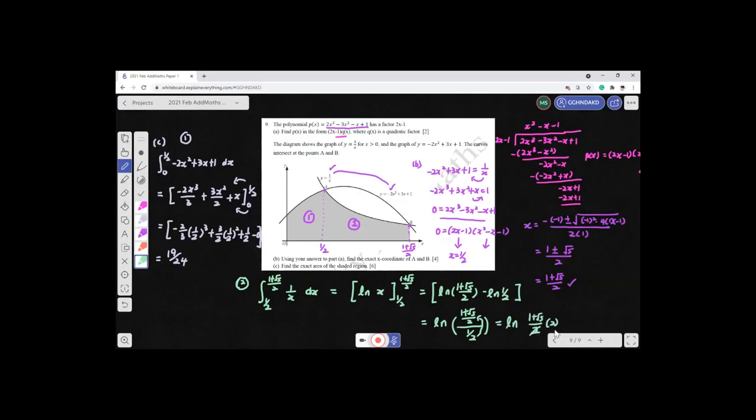So you cut the 2 and 2 off. So you will get ln of 1 plus square root 5. So overall, the exact area will be 19 over 24 plus ln of 1 plus square root 5 for this 1 and 2 area.